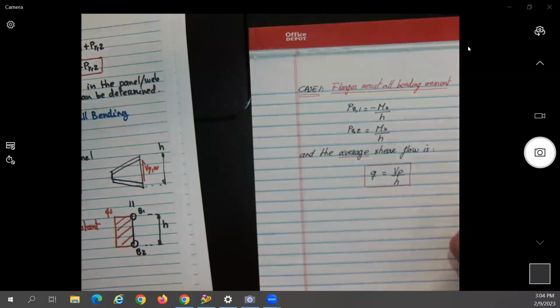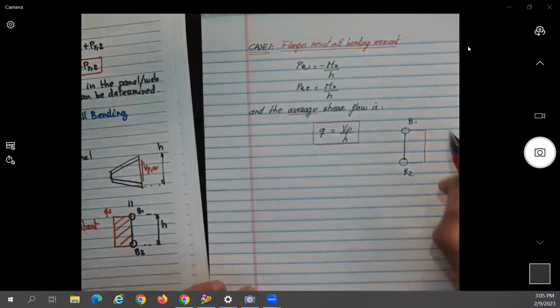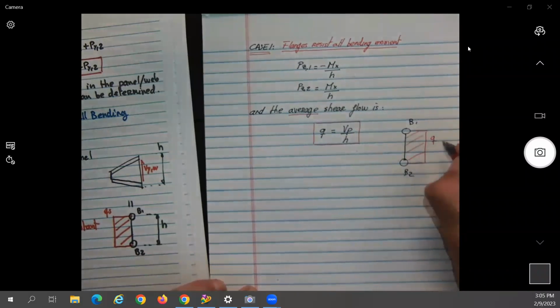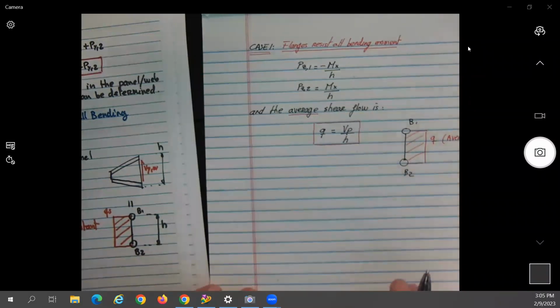Okay, so in that case, if you need to plot the distribution, let's say this will be B1, this will be your B2. Now this will be negative, but it doesn't matter, we're just doing an average. Oh yeah, sorry. This will give you here the shear Q. But remember that this is giving you here an h value.